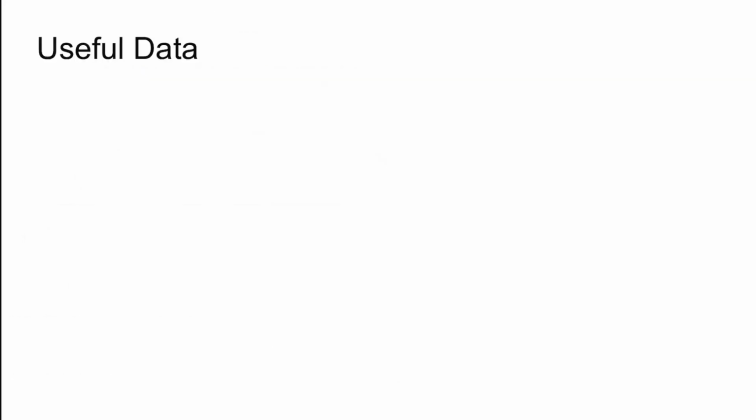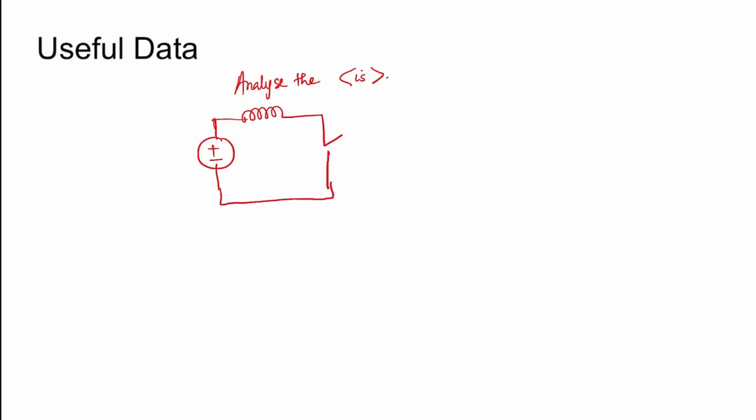And to solve this question, we need to analyze the average source current, because this is the DC-DC boost converter for which you are being asked to find the input impedance as seen from the source side.